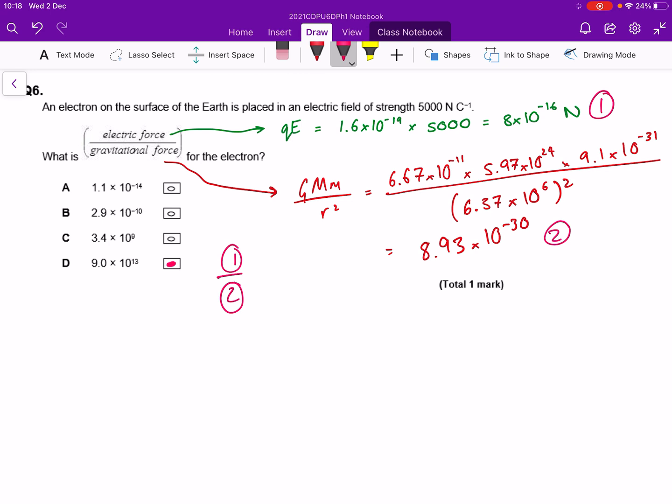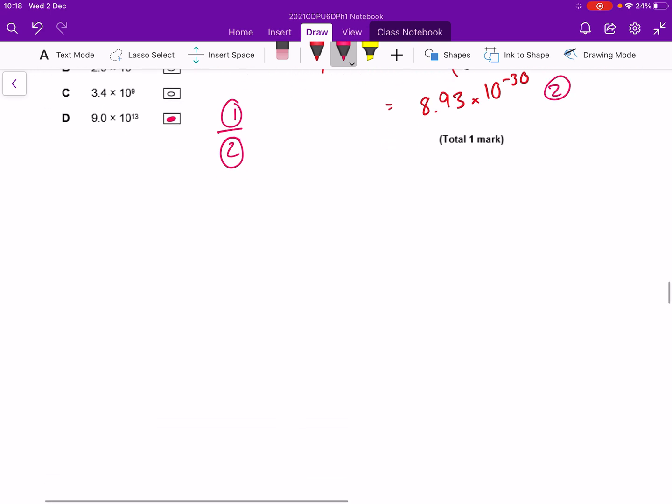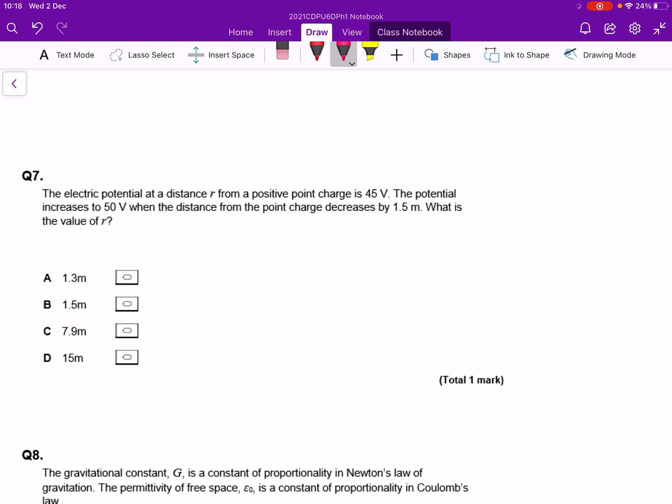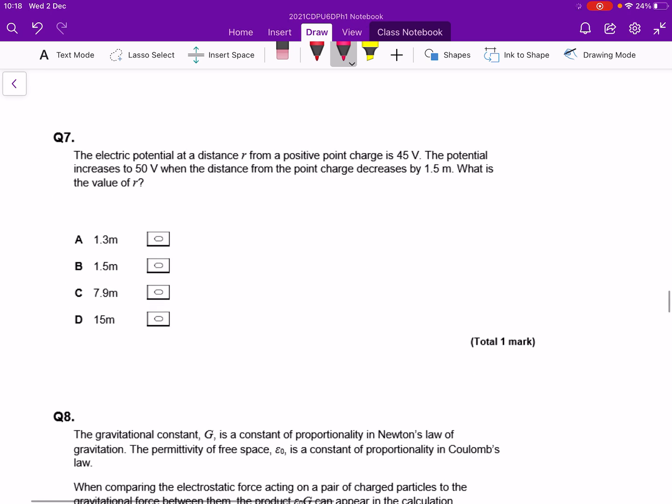Okay, next question. The electric potential at a distance r from a positive point charge is 45 volts. Okay, so sketch a picture will help me. So I have a positive charge here. And then the electric potential at some distance r is 45 volts. So V here is 45 volts.